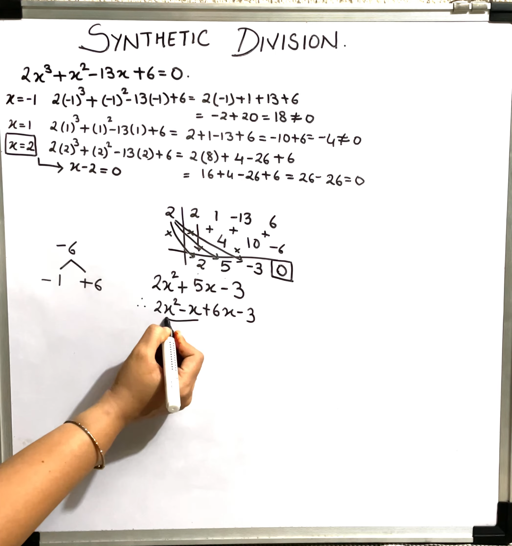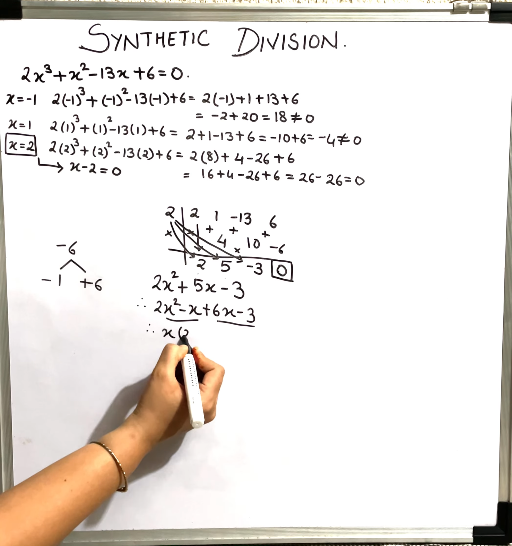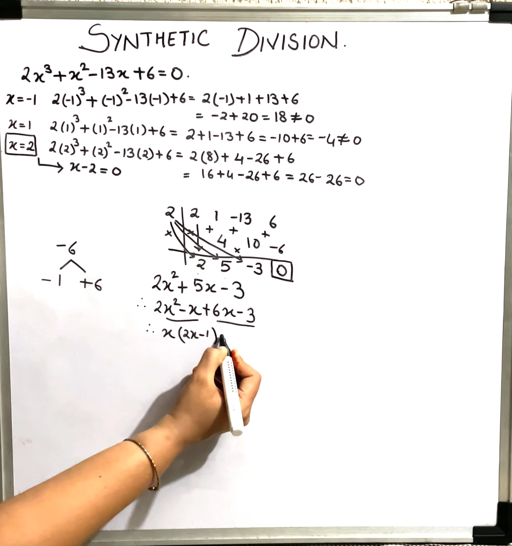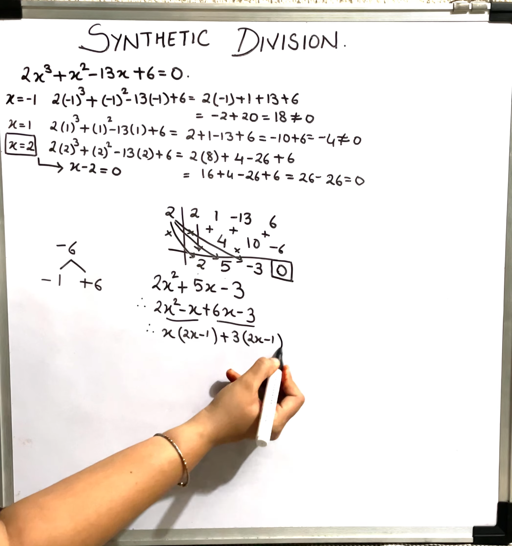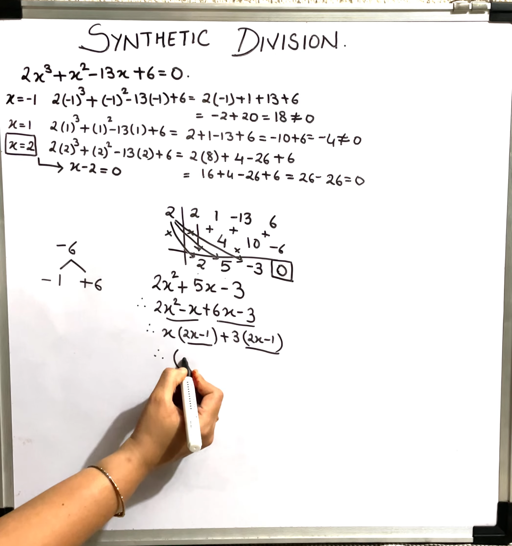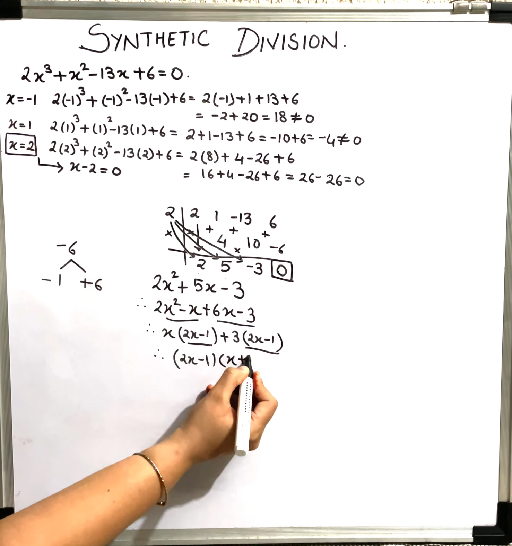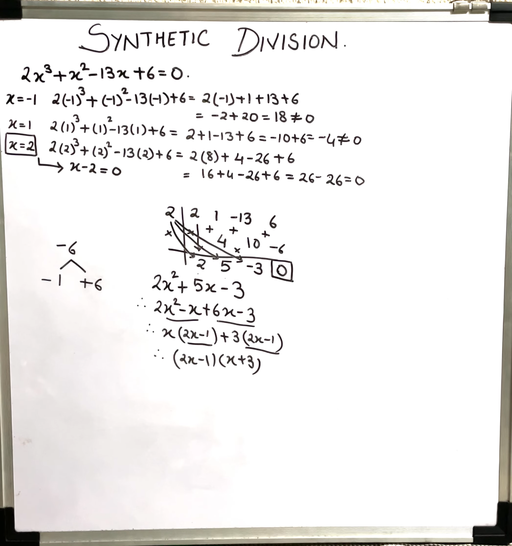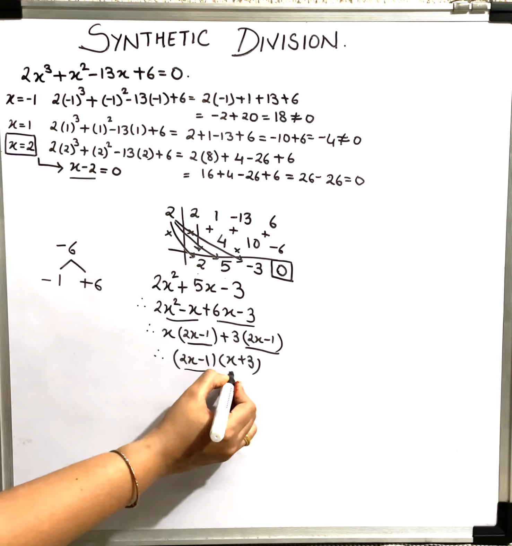Now pairing the terms and taking out common terms, it gives me x into 2x minus 1 plus 3 into 2x minus 1. Since 2x minus 1 is a common term, I can write it as 2x minus 1 into x plus 3. So here we have found the three factors of the cubic equation as x minus 2, 2x minus 1 and x plus 3.